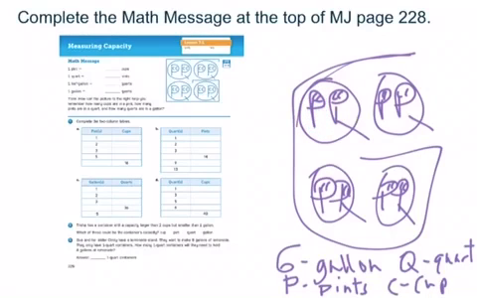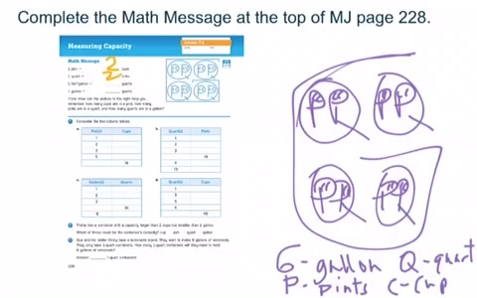So hopefully you figured out that that would be 2 cups. 1 pint is 2 cups. And then when you look at the quarts, how many pints are in this big Q? Hopefully you can see there are 2 pints in there. So that's 2 pints.